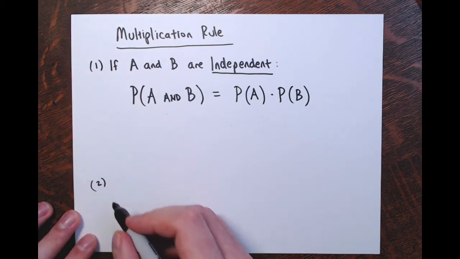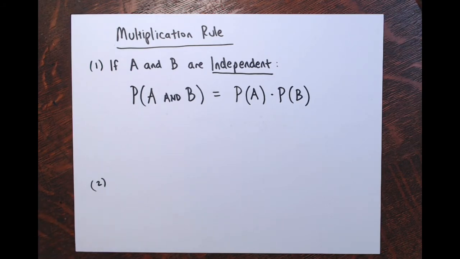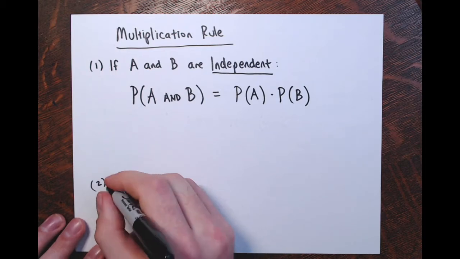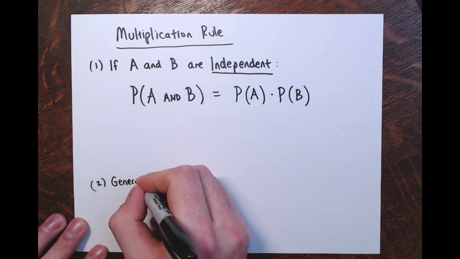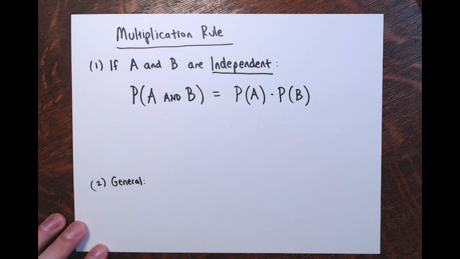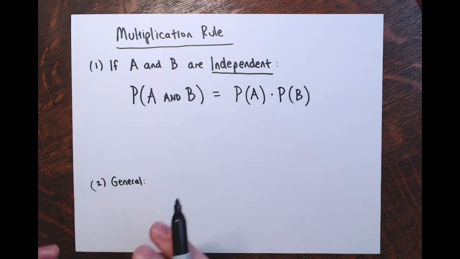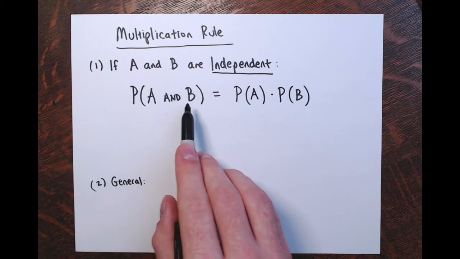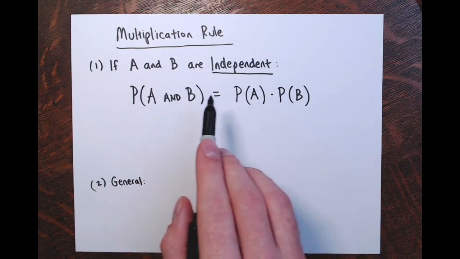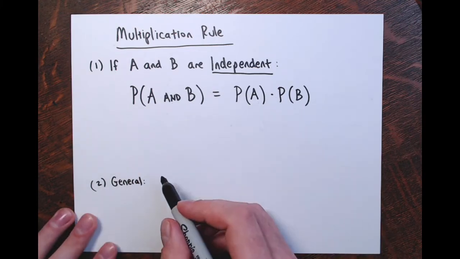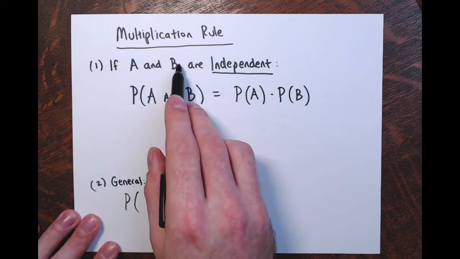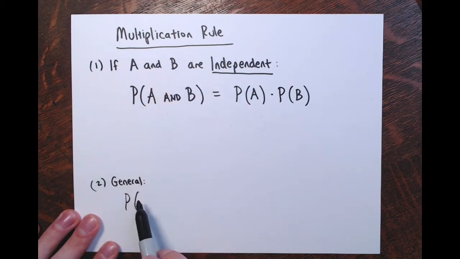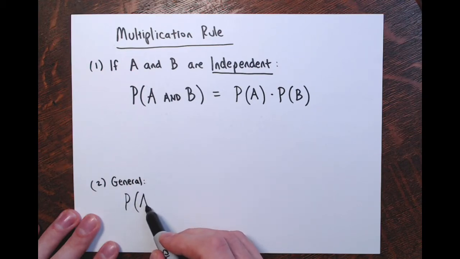Now there is a second rule that involves conditional probability, and this is more general. It applies when events are independent or dependent, but the first one looks a lot nicer when they're independent events. This is the fourth objective, like the third objective was the previous one.